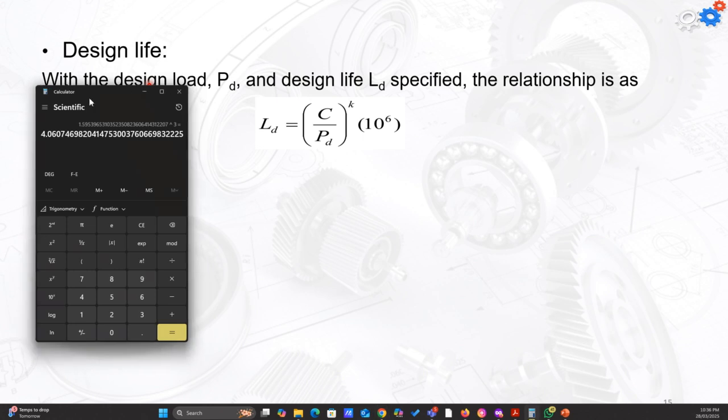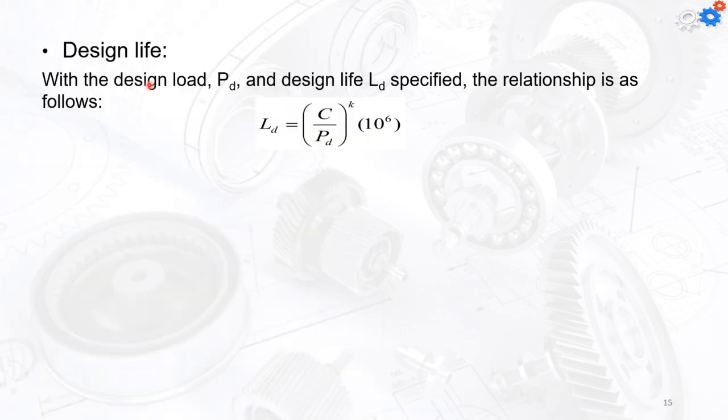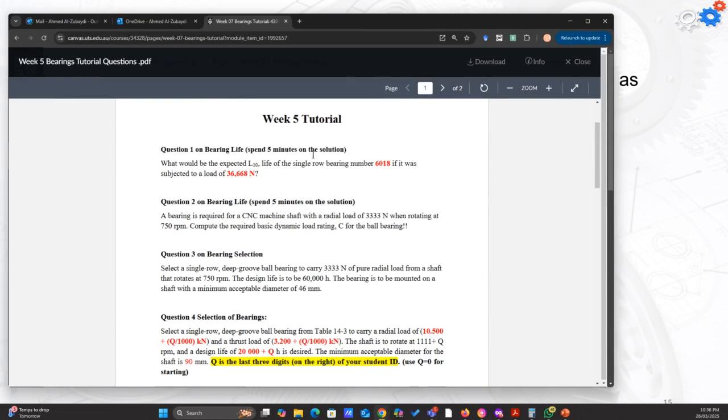Now let's continue with the slide, and we're going to look for an answer for the second question on the bearing life. It's about a bearing required for the CNC machine shaft with a radial load of 3,333 Newton. So the P is going to be 3,333 Newton, and it's used for the CNC machine.